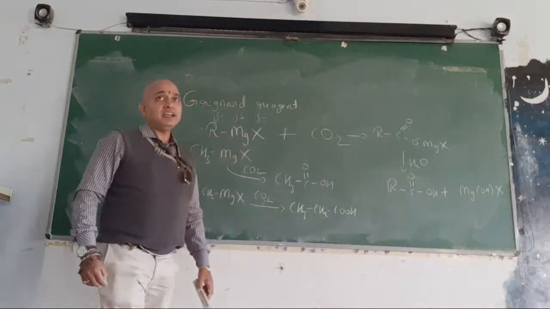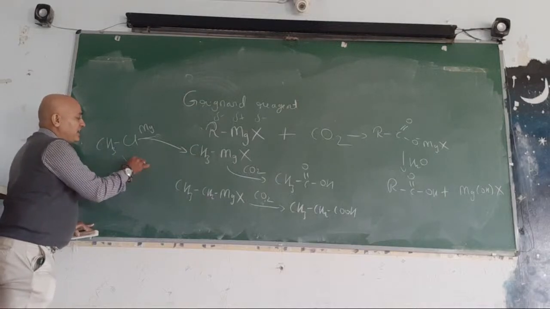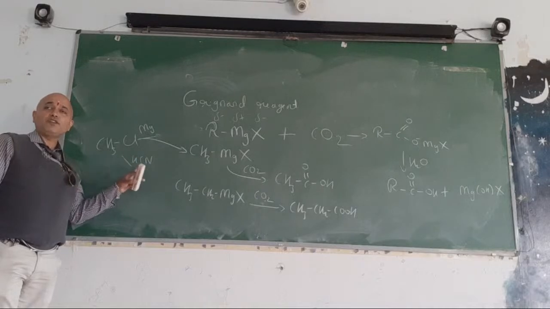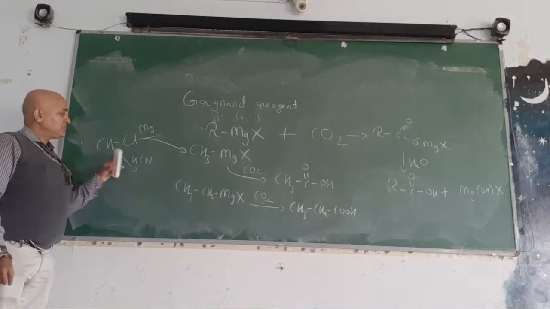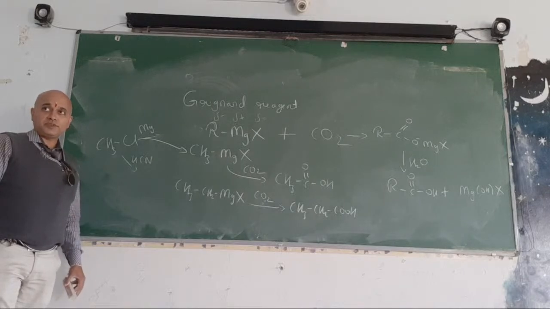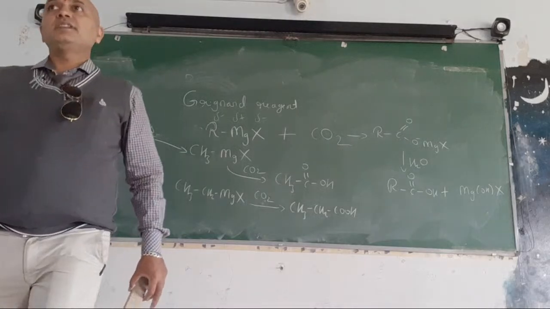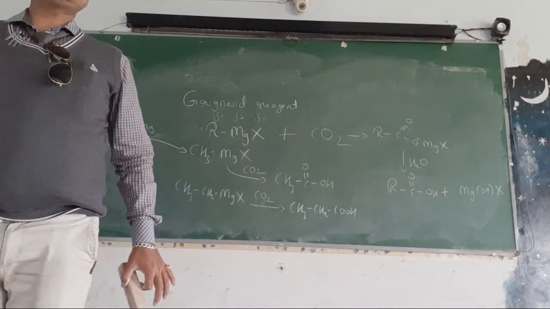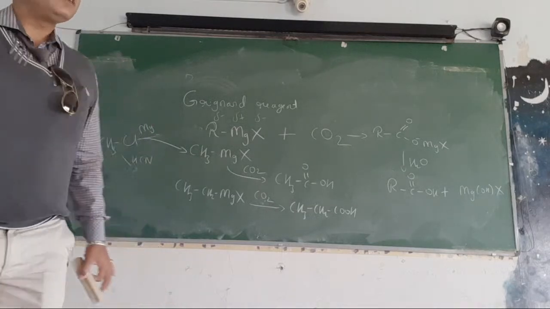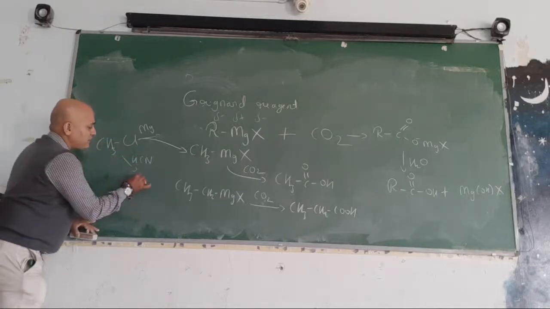Even by using nucleophilic substitution reaction, if I treat with HCN, I am adding one extra carbon in the form of nitrile group. Then also I am getting an extra carbon only. See here, if I do this, what am I going to get?